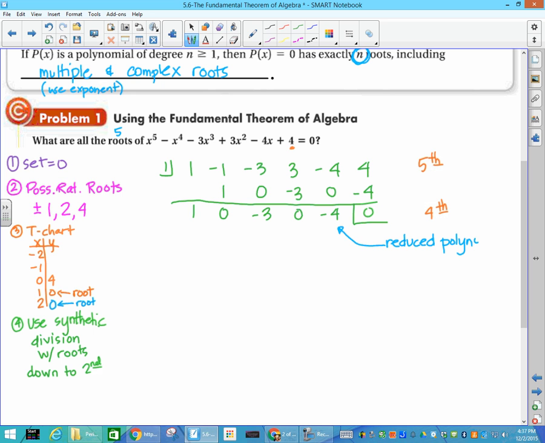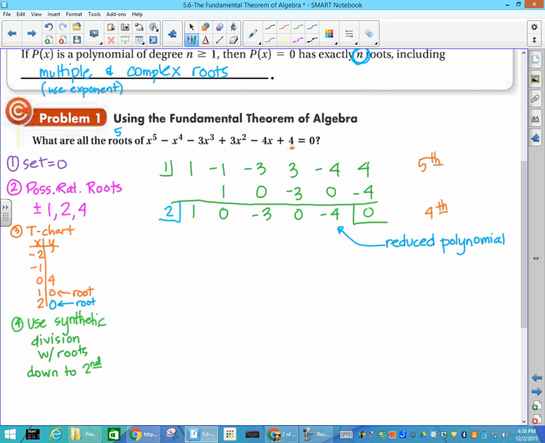You all know that that was x to the fifth. This is now x to the fourth because it goes down by 1 degree each time. So when you put the second one in there, you need to be sure to use the reduced one, or else you're going to be spinning your wheels, because we're going to keep putting roots in here until we get down to a quadratic.